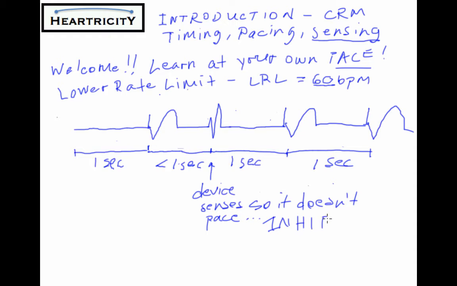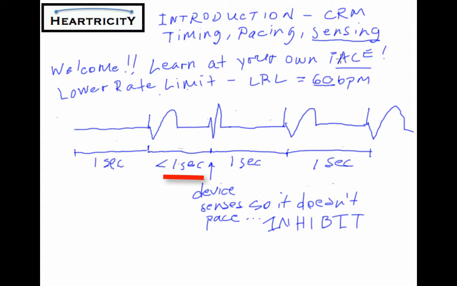Okay, the last thing we want to point out here is, as you can see, I've written here in this interval less than 1 second. And that's just to point out that that intrinsic QRS must have been generated within 1 second after the previous pacer spike. Otherwise, we would have seen a pacer spike at 1 second or more.